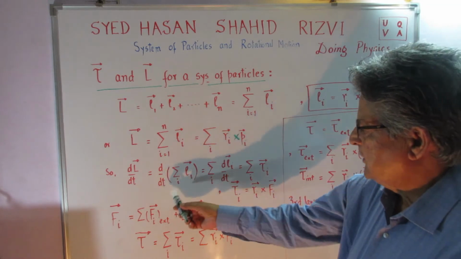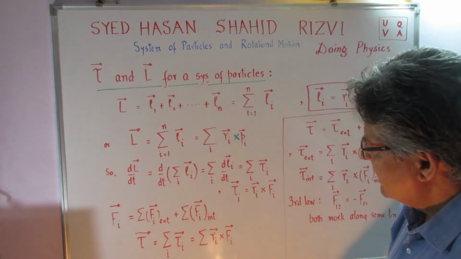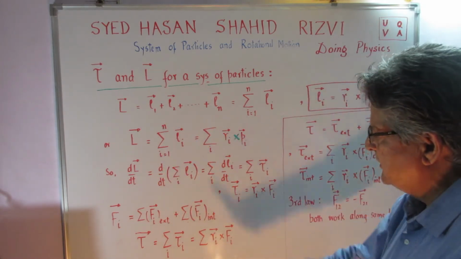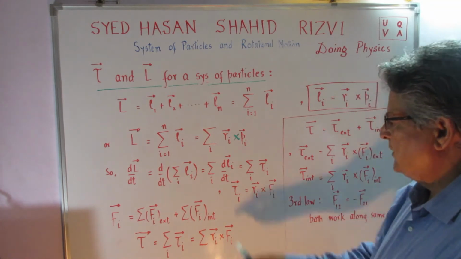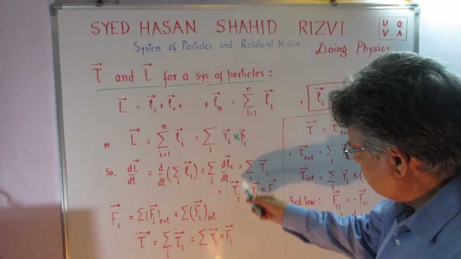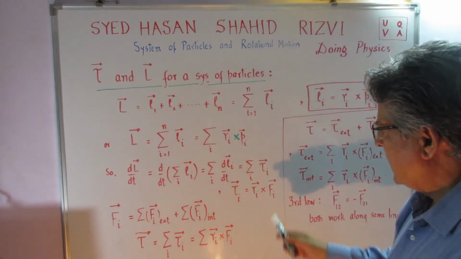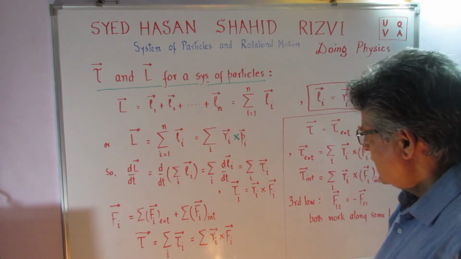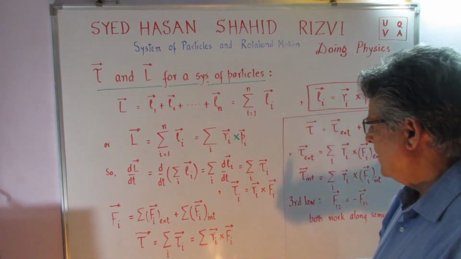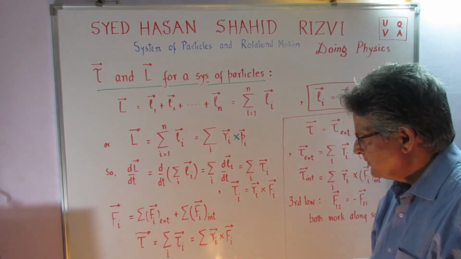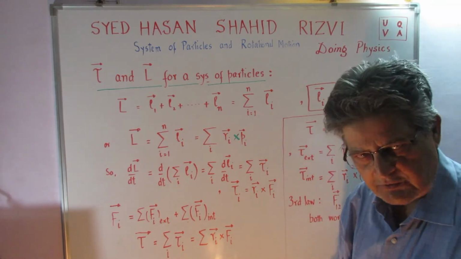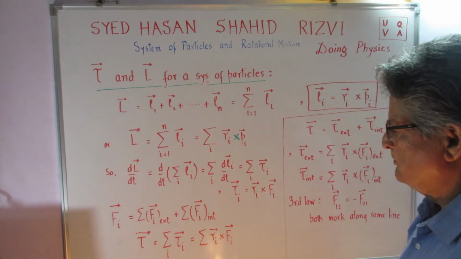I can take this operation inside the summation, and it becomes equal to sigma of dLi/dt. But dLi/dt we have already defined earlier, that this is the torque. So I can write the same thing as sigma of all the torques, and the torque here we define as Ri cross Fi.